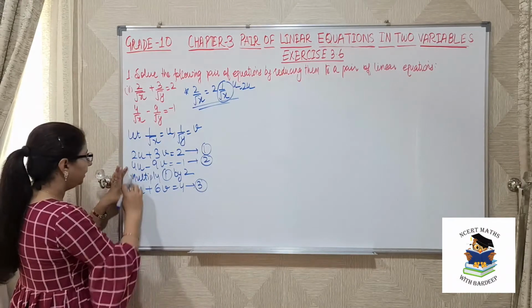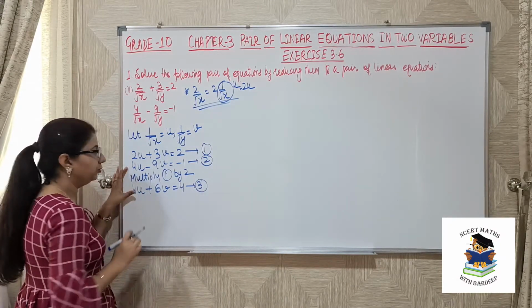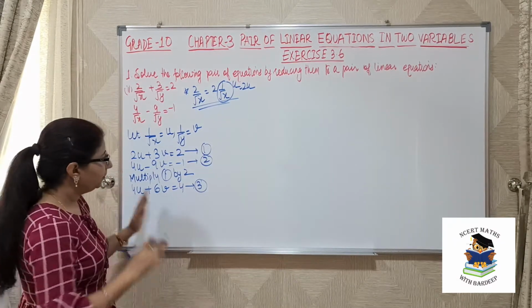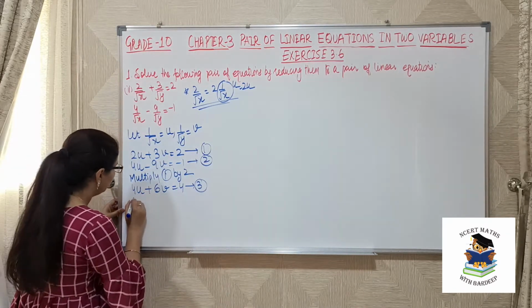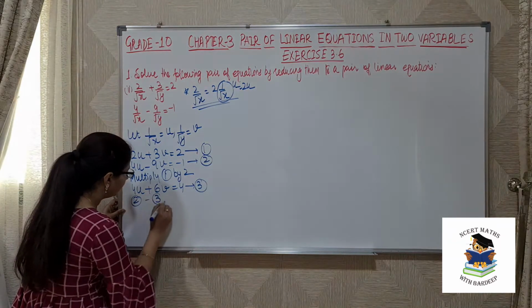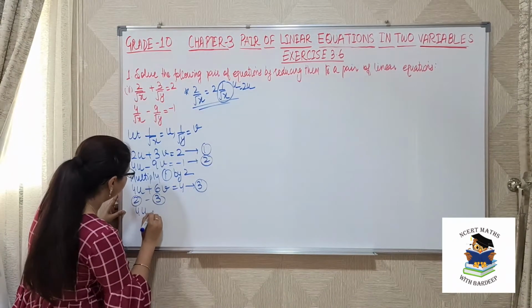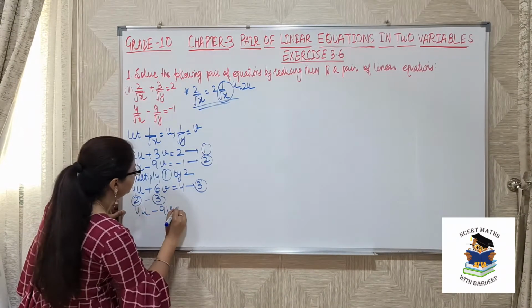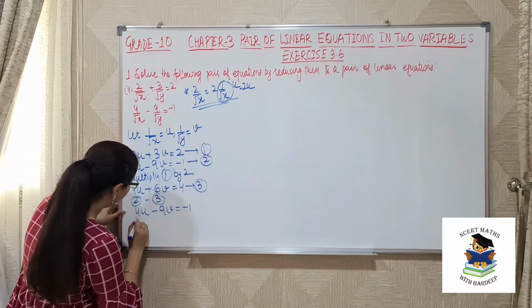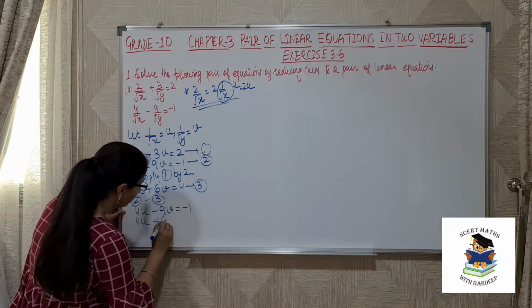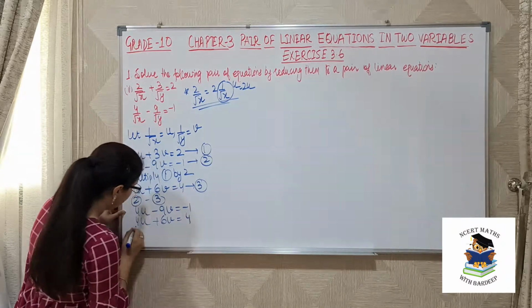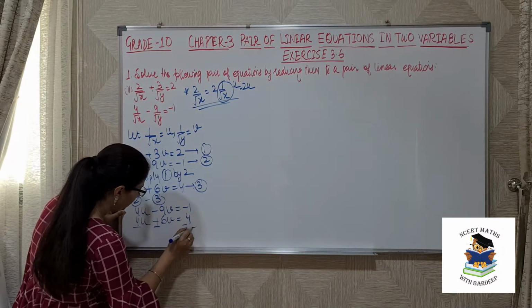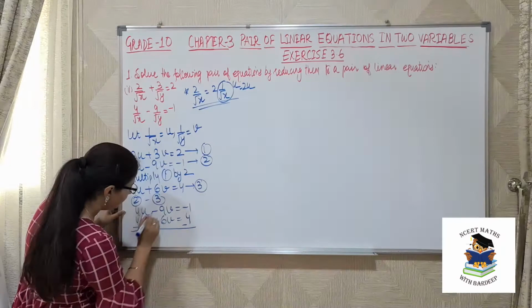So now if you compare these, both have 4u positive terms. Subtract them to eliminate u. Okay. So now 2 minus 3. So this is 4u minus 9v equals minus 1, minus 4u plus 6v equals 4. 4u is cancelled.